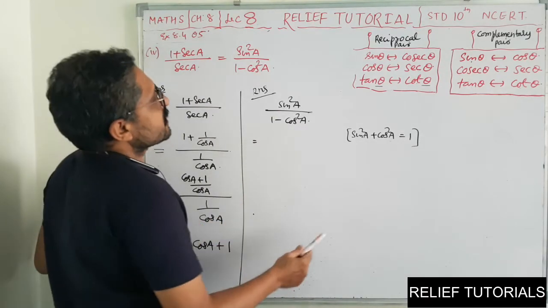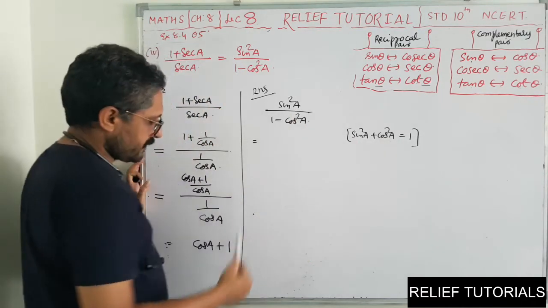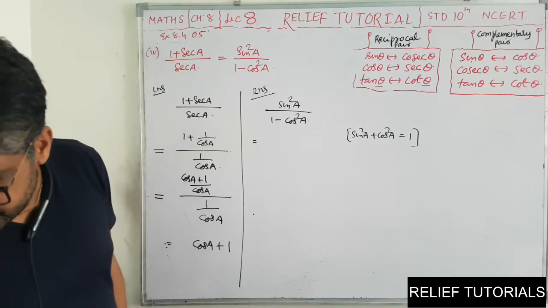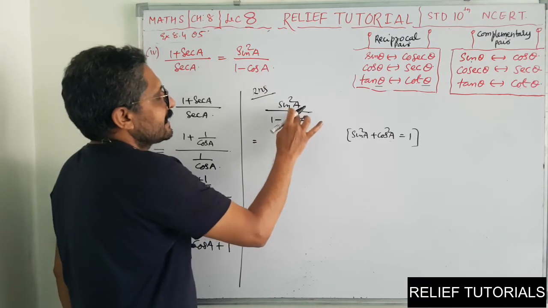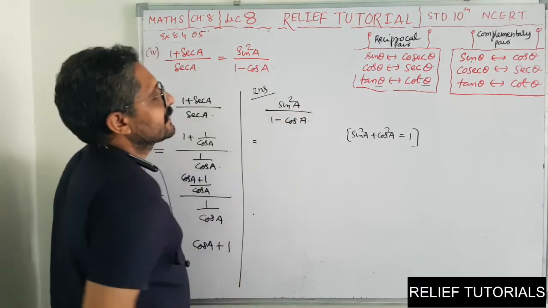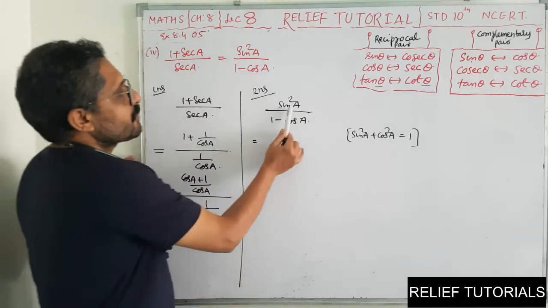So 1 minus cos square A is equal to sine square A. But you have to solve it in another manner. Sorry, I am sorry, it is not cos square A here, it is cos A. It's my mistake. Otherwise, you will get one as the answer.